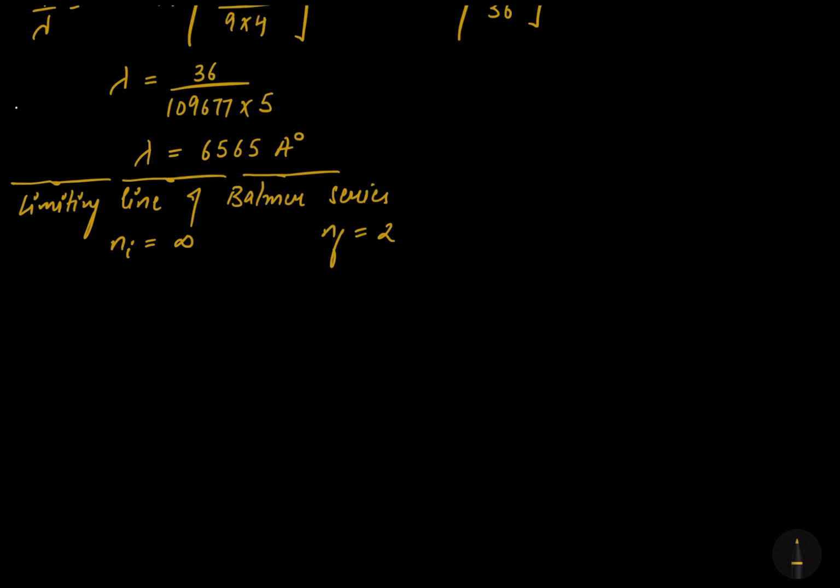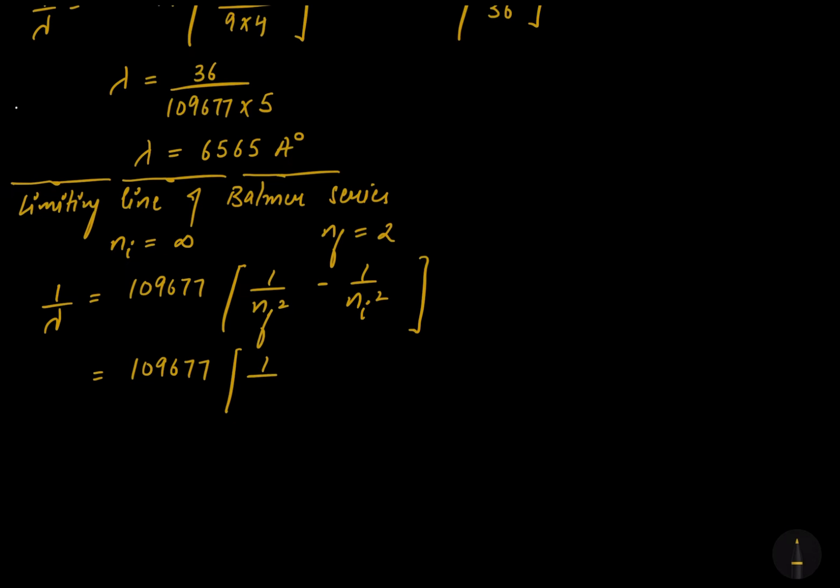So I'm again putting the formula. 1 by lambda is equal to 109677 into 1 upon n final square minus 1 upon n initial square, bracket closed. So this comes out to be 109677 into 1 upon n final is 2 square minus 1 upon n initial is infinity square.